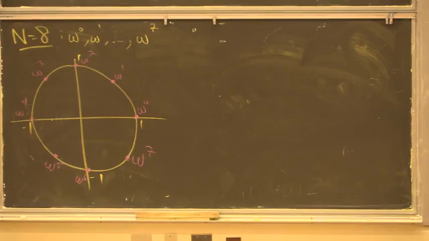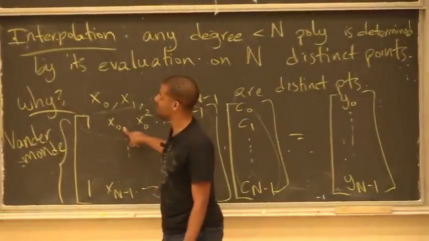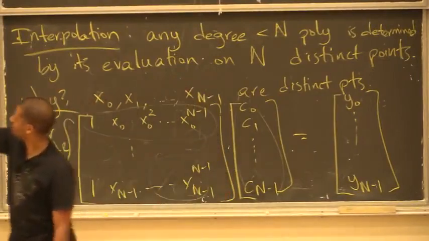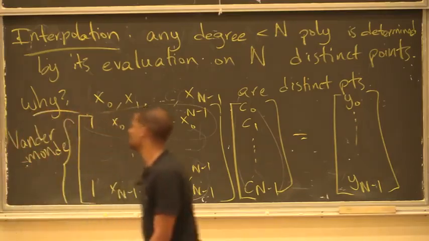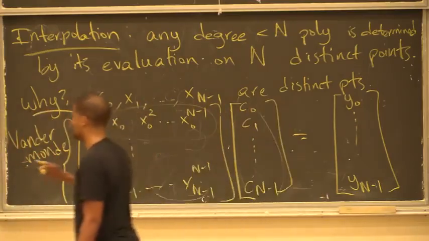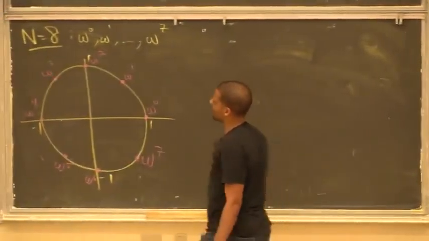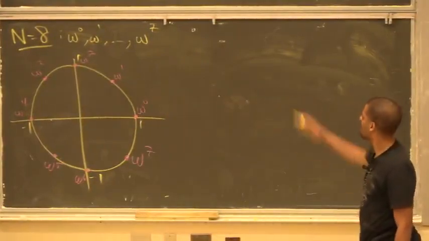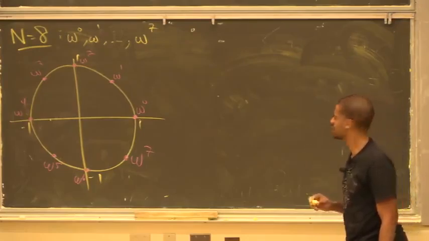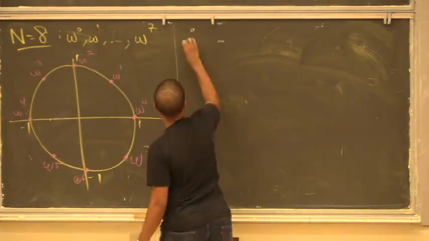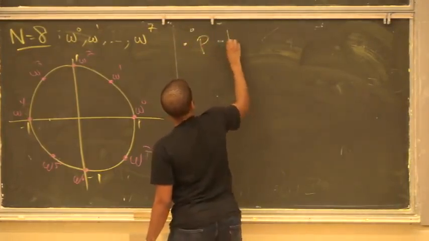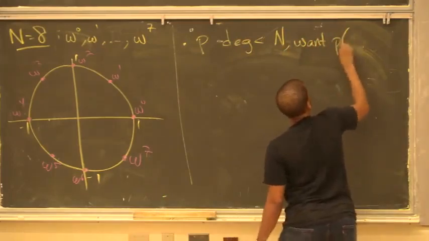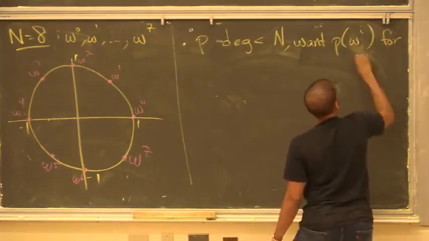These points, this is my x0, x1 up to x7. xi is omega to the i. Right? These 8 points are my xi's over here. Okay? So now, let's think about, now I have some polynomial that I want to be able to evaluate on all n of these points. So let's say I have some polynomial p of degree less than n, and I want p of omega to the i for all i.